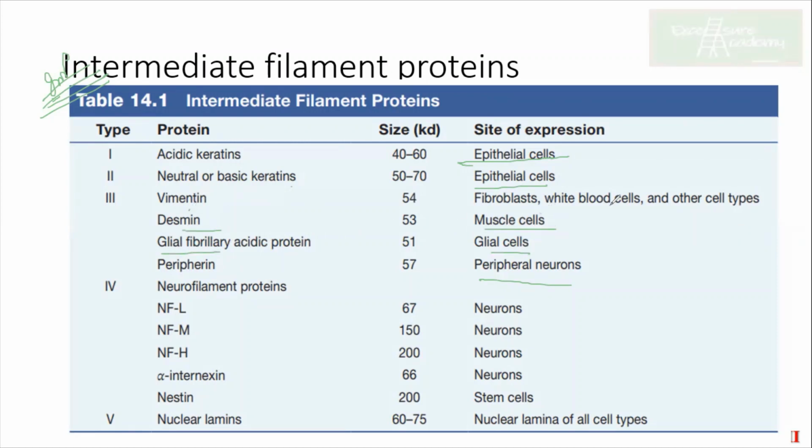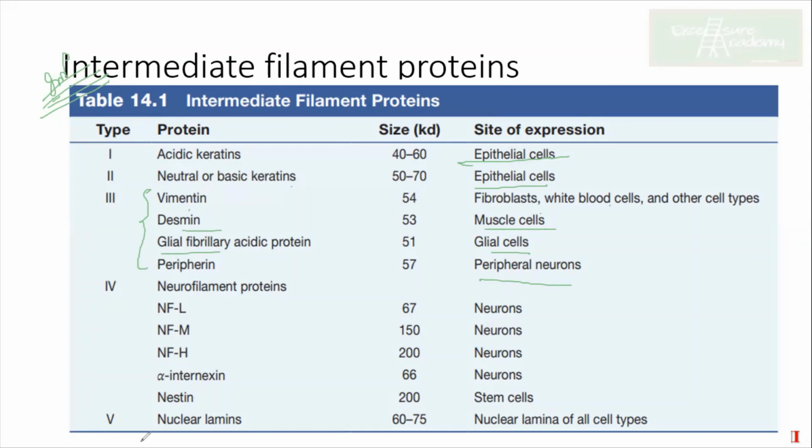Vimentin, fibroblasts, WBC, and other cell types. You need to remember all these, because as we progress in this unit and also in the next unit, where we will talk about the extracellular matrix proteins, and desmosomes and hemidesmosomes, all these proteins are needed. So you have to learn them by heart.